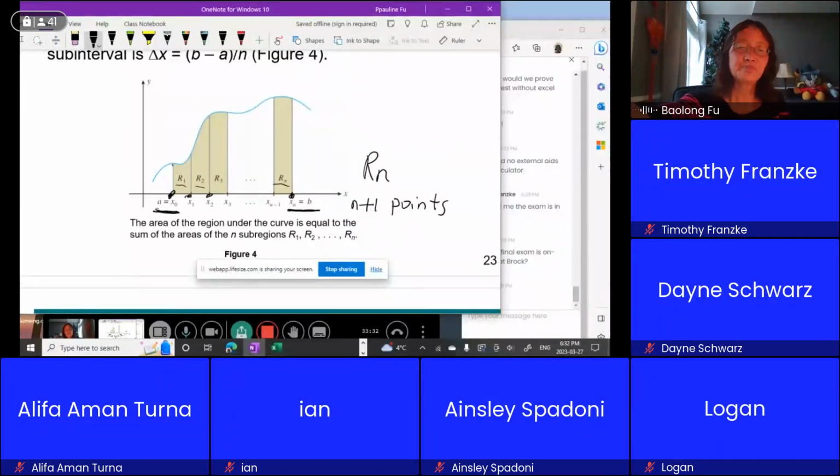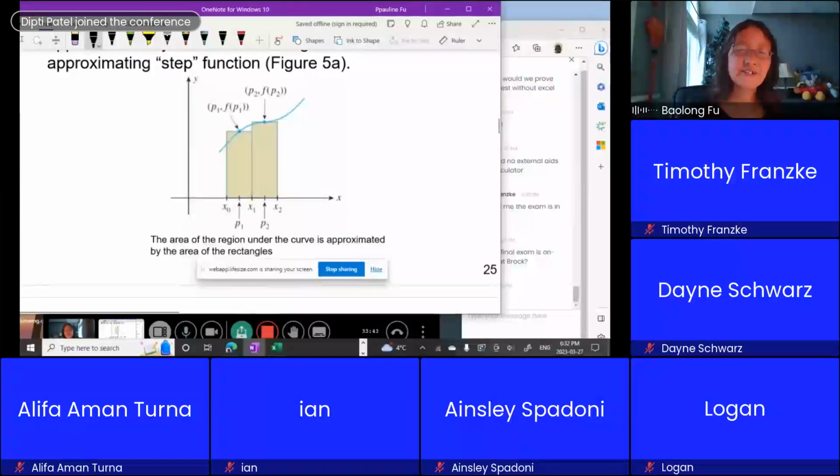When we use Simpson's rule, we are looking at just taking 3 points, for example x0, x1, x2. And then we want to find a point, for example P1, P2.